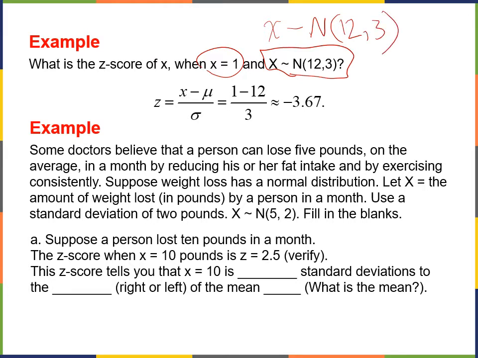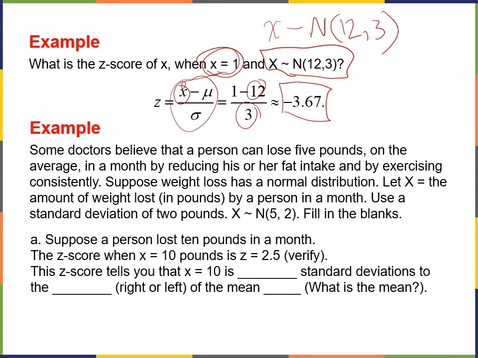So that notation is just telling you that. And if I wanted to turn my value x equals 1 into a z-score, I would plug that into this formula where x is 1, the mean is 12, the standard deviation is 3, and I would get a z-score of -3.67.